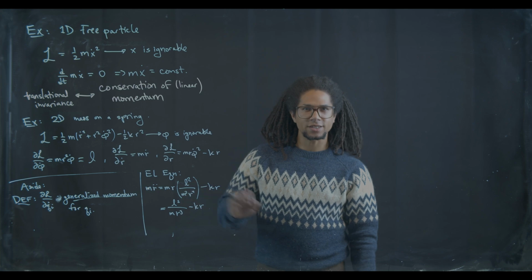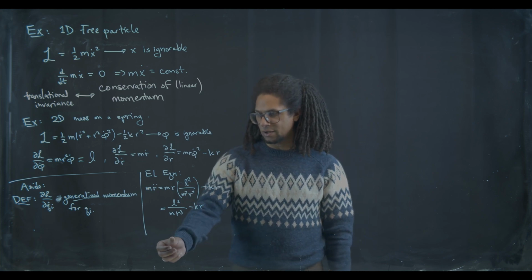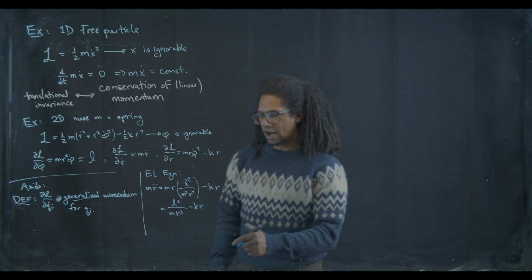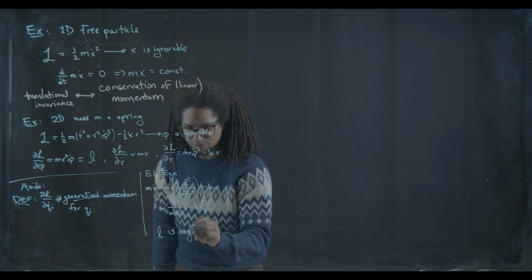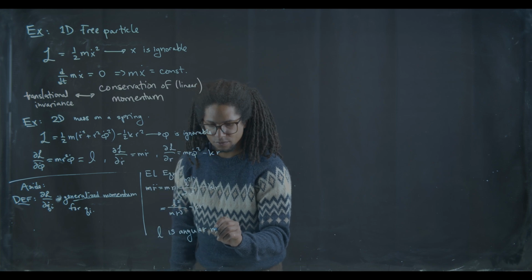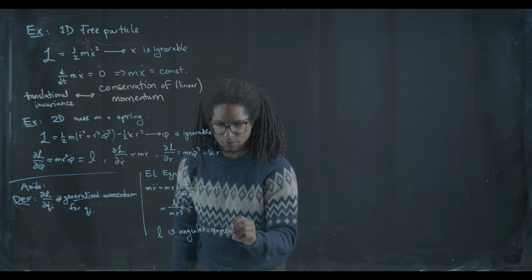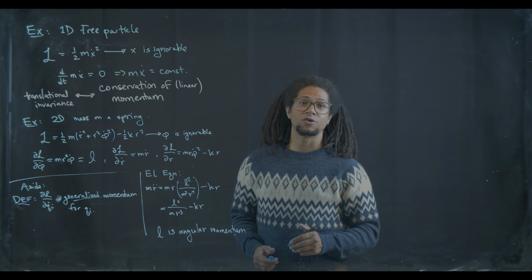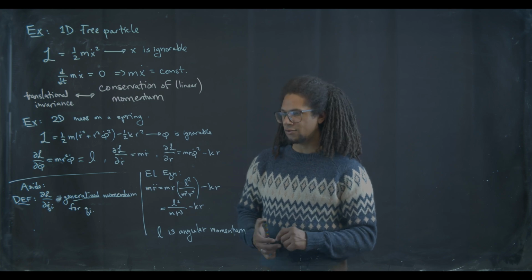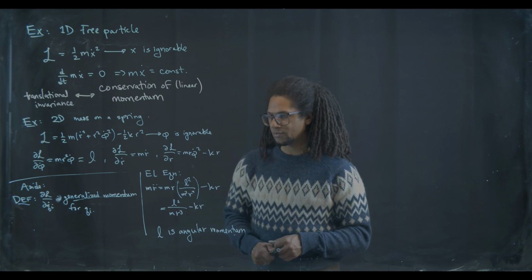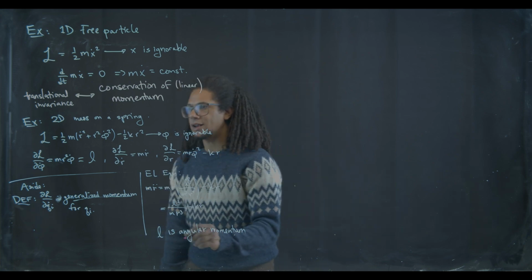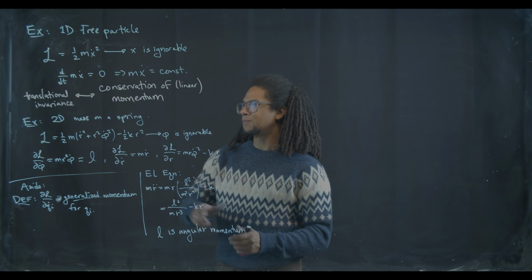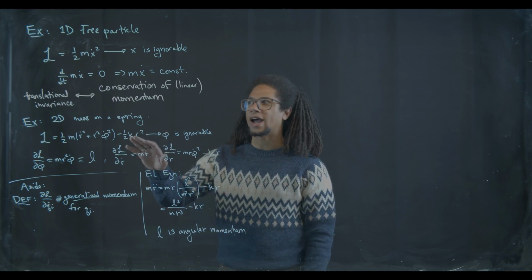And from this expression, if you've seen something like this before, you know that L here is the angular momentum. This term would then be called the centrifugal term if you want to think of it as a force. You may have seen that in introductory physics. But in any case, what we found is that in this example, the ignorable coordinate was phi.